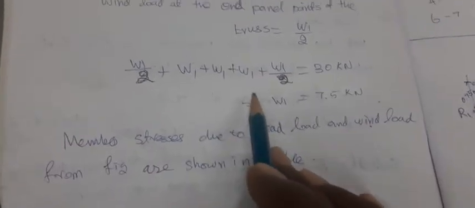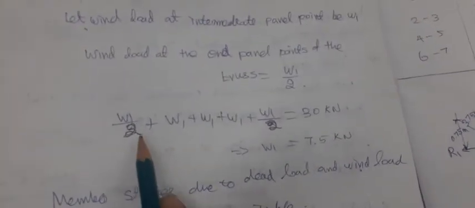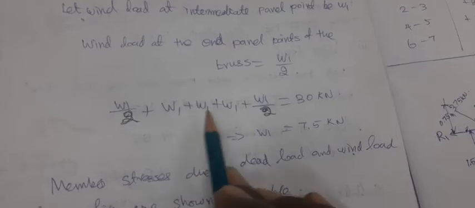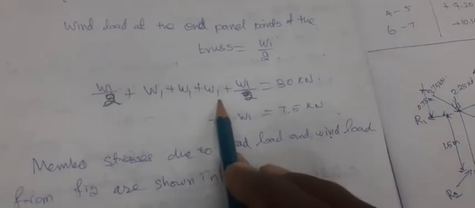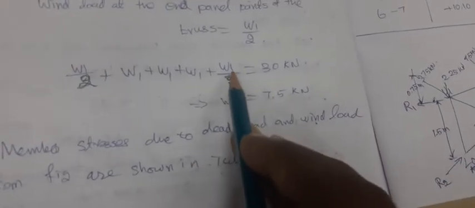So we have to calculate the total wind pressures: W1 by 2 plus intermediate W1, another intermediate W1, another intermediate W1, and the last end panel W1 by 2. So its value is 30 kilonewton.